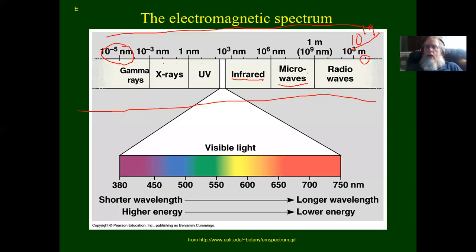So actually a lot of radio communications, including cell phone broadcast frequencies, are in the microwave part of the spectrum. And your microwave oven works by zapping the food with microwaves at a frequency that water molecules will absorb. And so the water molecules absorb that energy and heat up your food.